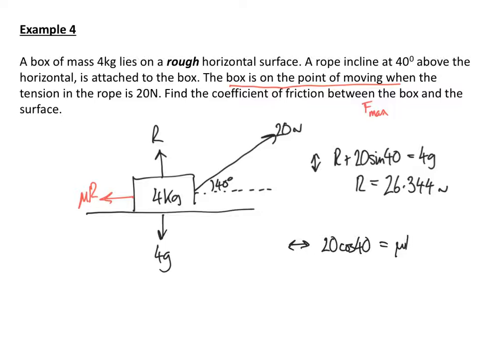So mu R, or 20 cos 40, is equal to mu times 26.344. And so we can change that around to find mu is equal to 0.582. And that coefficient of friction is just a coefficient, it's a number, it doesn't have any units with it.